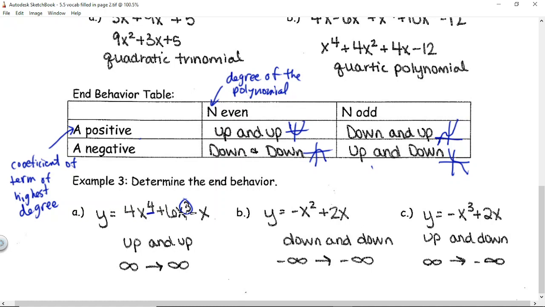It's only the largest one that counts. And it's 4, which is even, and a is positive. That's a right there. So you have a positive and n even, which means it's this one, up and up.